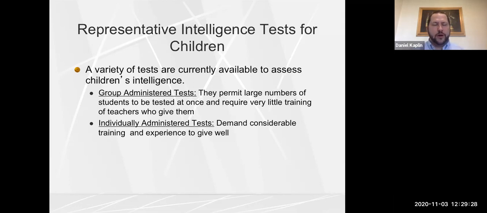So Robert Yerkes in particular came up with the Army Alpha and Beta tests. And that test was meant to screen out recruits to determine which position or specialty they should be in, whether they should be on infantry, whether they should be in intelligence or intel, whether they should be in support services like being a cook.